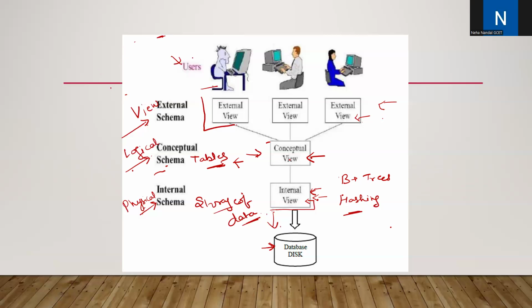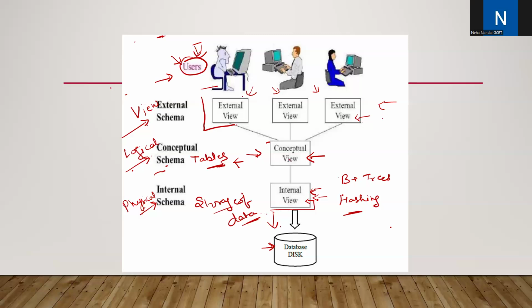Users. They can be different types of users. We will come to that in detail when we study the structure of the database, the detailed architecture, where you will see them. These different types of users will have different views according to their authorizations and requirements.